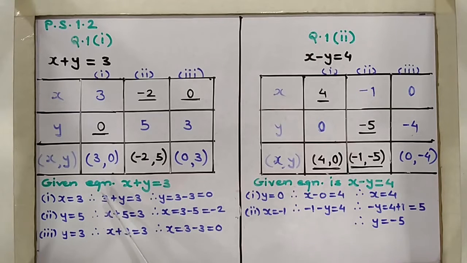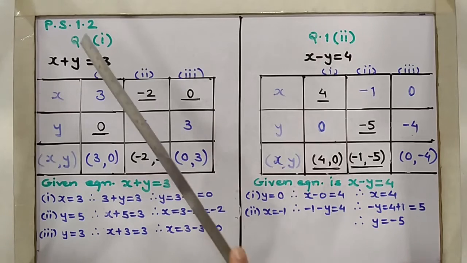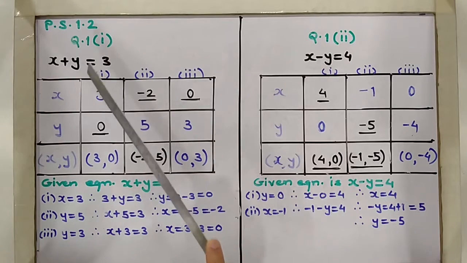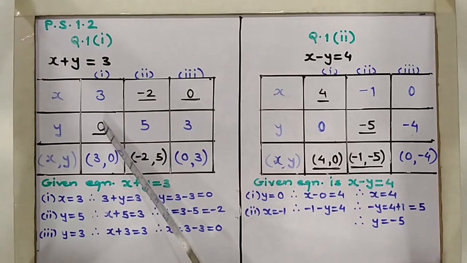Now this 3 will go on the right hand side and it will become minus 3. So y is equal to 3 minus 3, which is equal to 0. So the value of x is 3 and the value of y is 0. So the ordered pair becomes 3, 0. First we have to write the value of x and then we have to write the value of y.